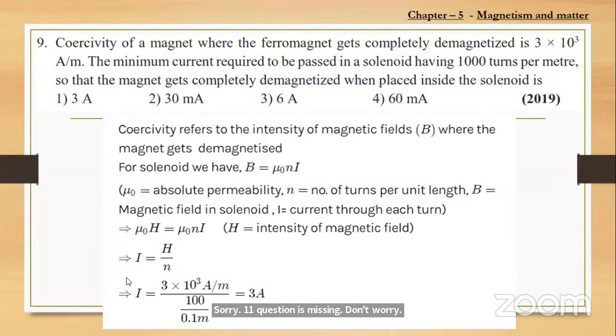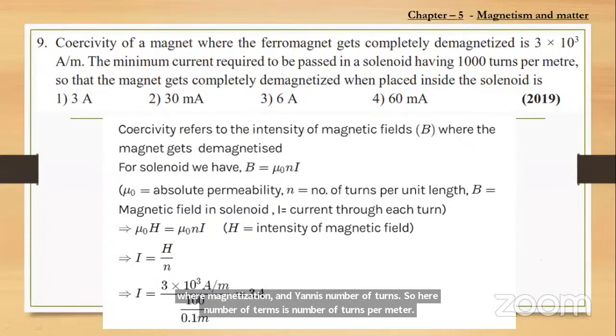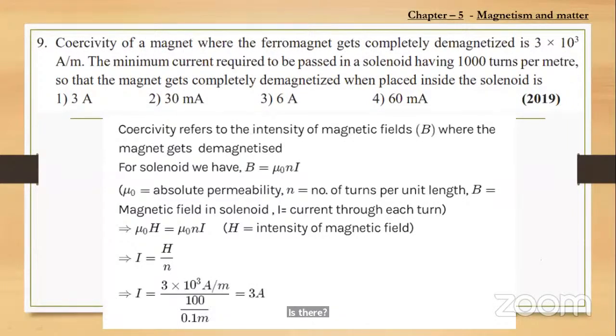Here, the current through the conductor will be H by N, where H is the magnetization and N is the number of turns per meter. The value of the number of turns per meter is 1000, or you can write it as 100 by 0.1 meter.